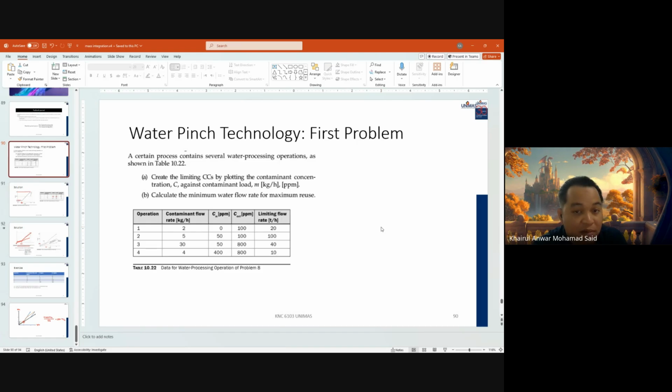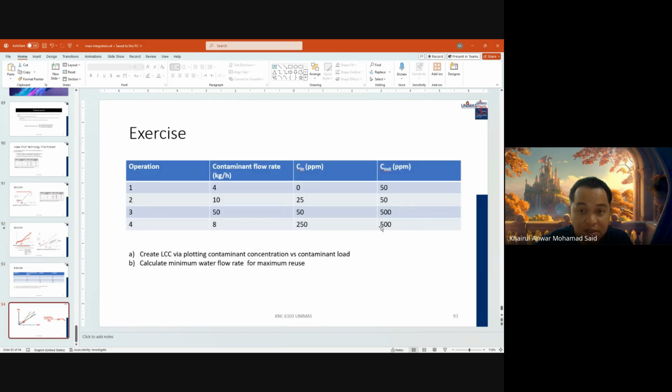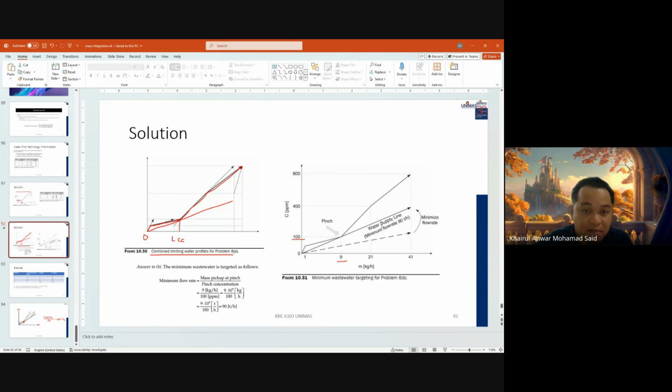So by doing the pinch network target, we recover the maximum water recovery is around 90 ton per hour. So the water saved is around 22.5 ton per hour.